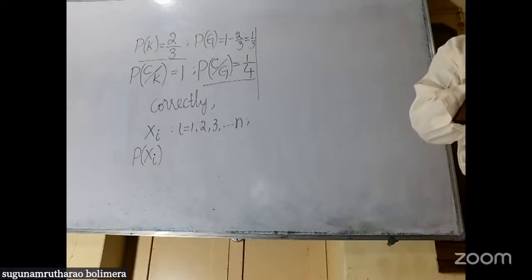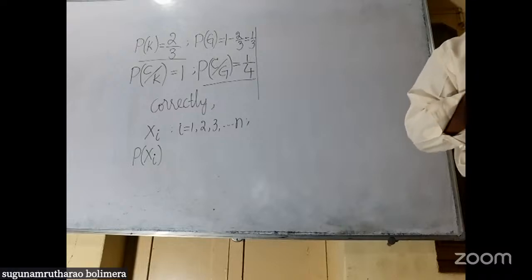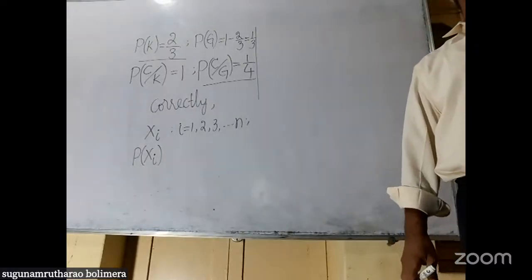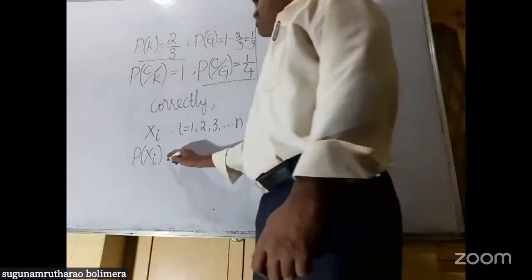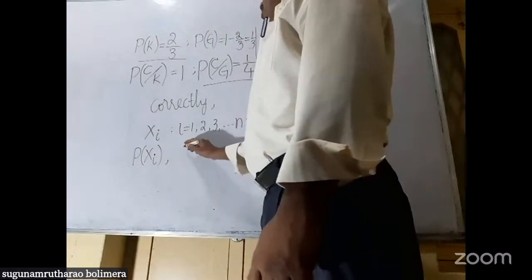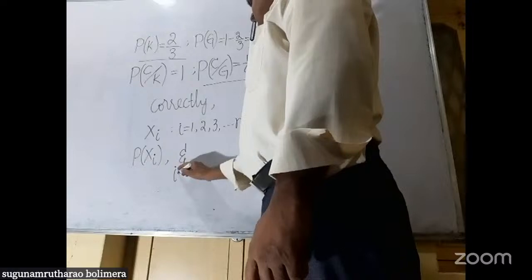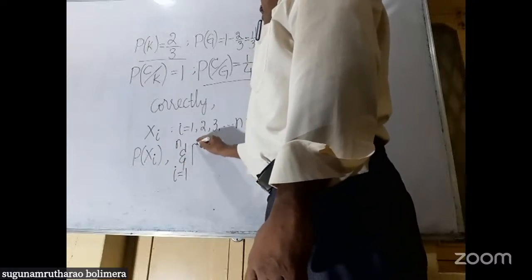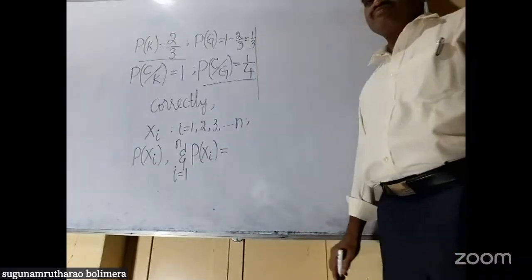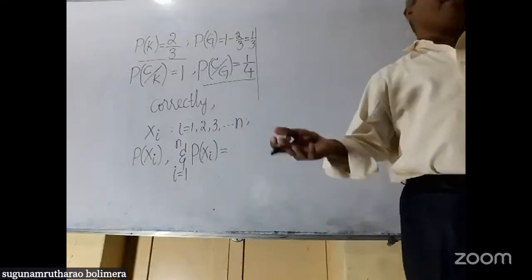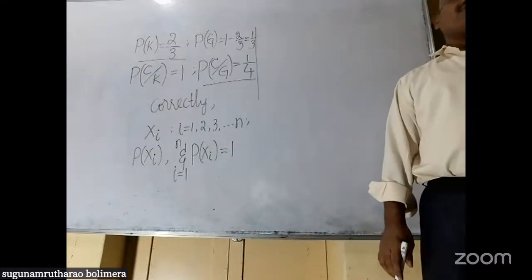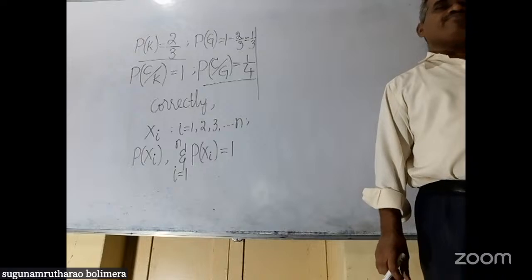And sum of all probabilities, summation i equals 1 to n of P of xi, is equal to 1. Sum of all probabilities in any experiment always equals 1.